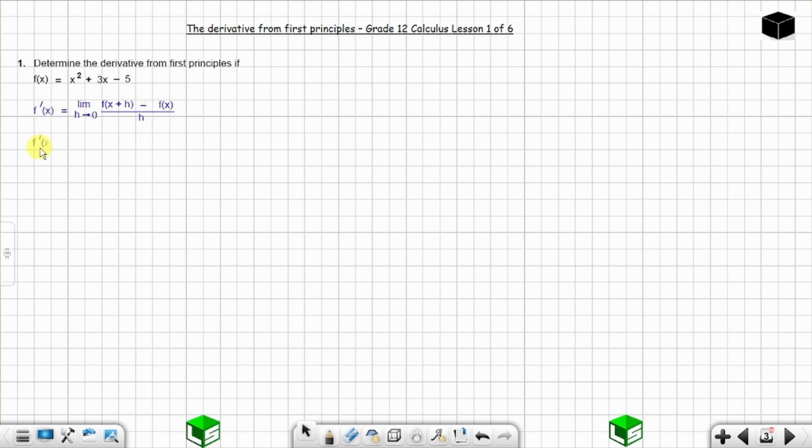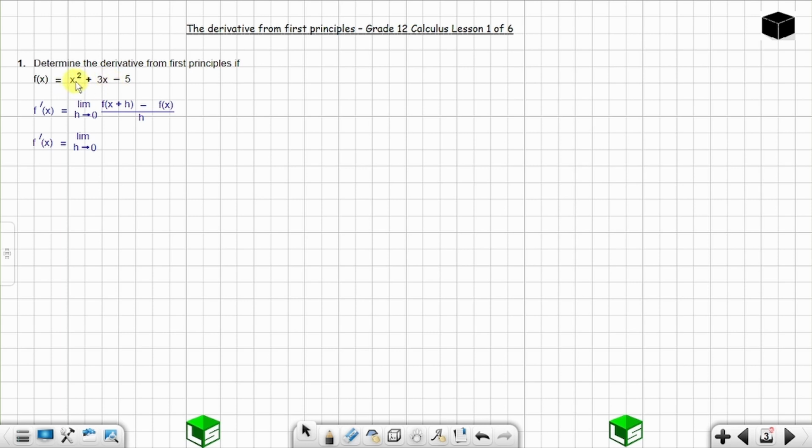F prime of x, or the first derivative, is equal to the limit as h approaches 0. So now you have f of x plus h minus f of x. Let's start with f of x plus h. You are going to take x plus h and plug it in there.